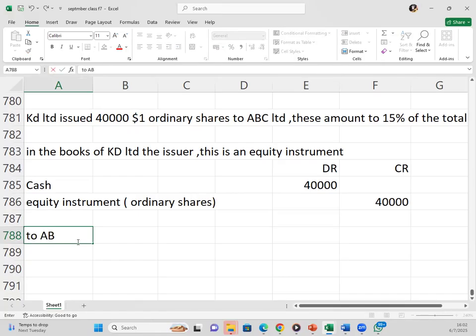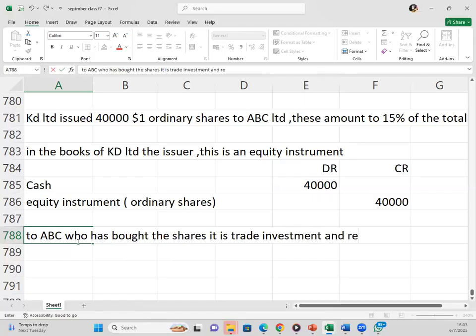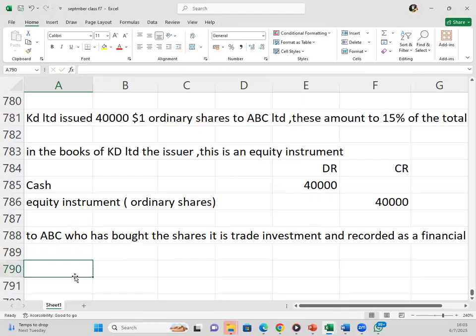To ABC Limited, who has bought the shares, it is a trade investment, recorded as a financial asset. To them, they are receiving money in the form of dividends. They're entitled to dividends.